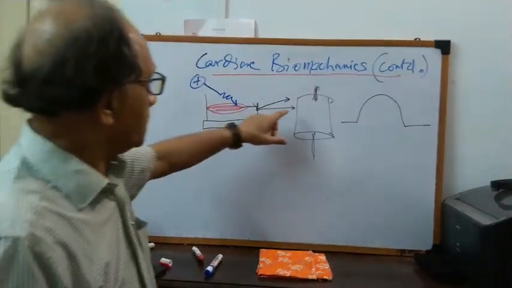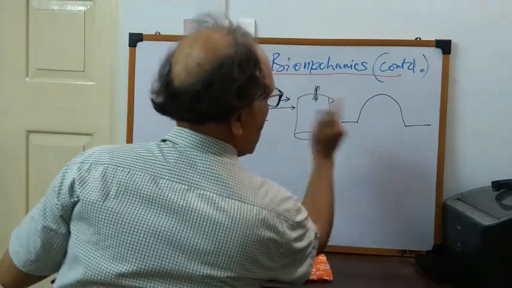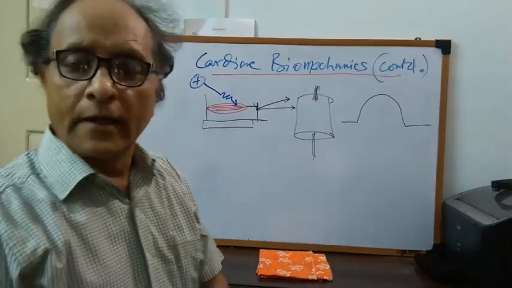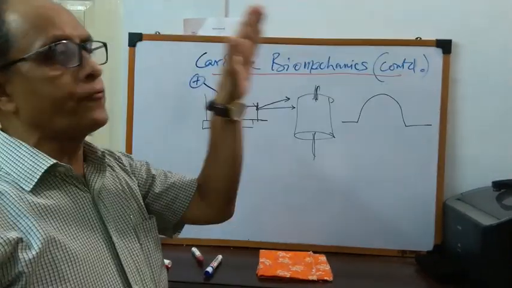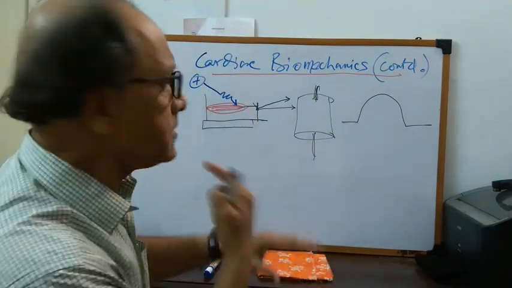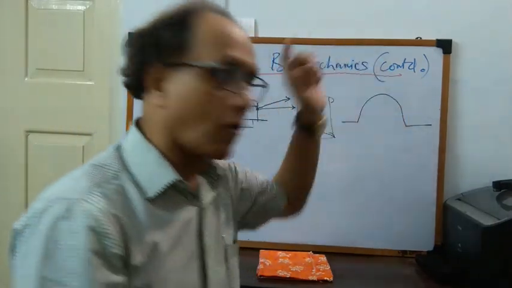This will move up and this will fall down, and as the drum is moving, we can record a curve like that. The lever will move up and fall down, and as it touches the drum, the recording device will record like that.